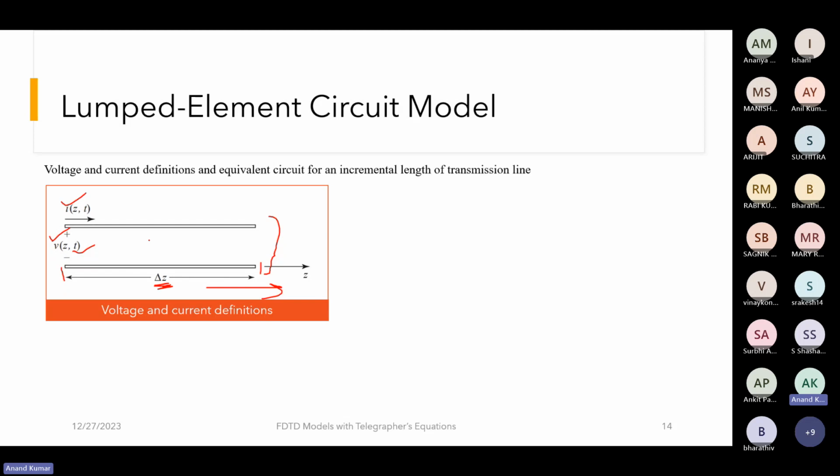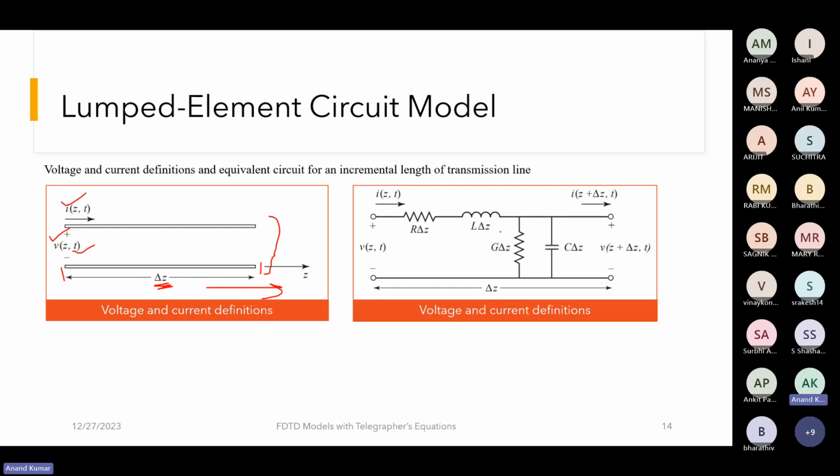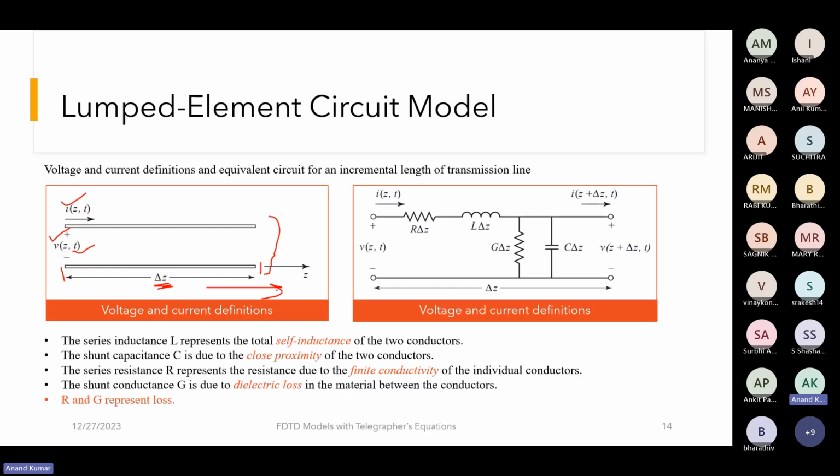Now, for this particular circuit, we can write its equivalent in this form, where we have the self-inductance of these two lines given by the series inductor L delta Z. And since these two conductors are in close proximity, we have the shunt capacitance over here.